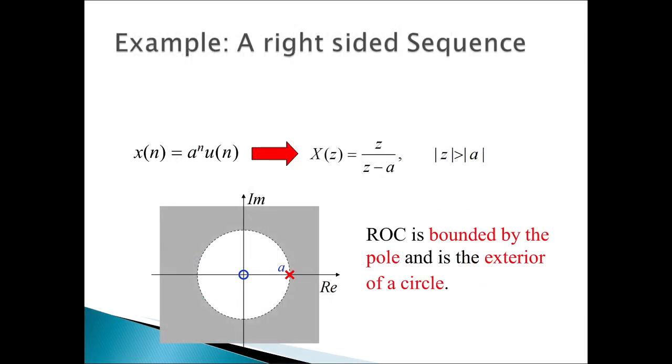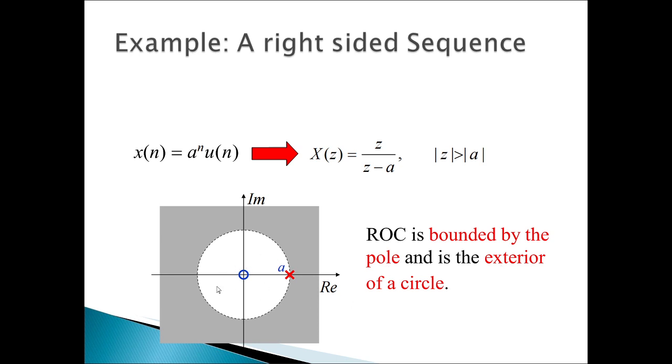Like that you can have a right-sided sequence, which we just discussed. This is about x of n is equal to a to the power of n into u of n. We got X of z is equal to z by z minus a, where modulus z is greater than modulus a. So now the ROC is from z greater than a onward, so the ROC is bounded by the poles and is the exterior of a circle.